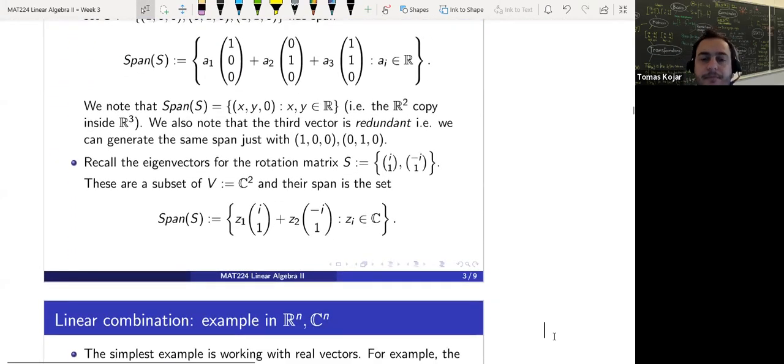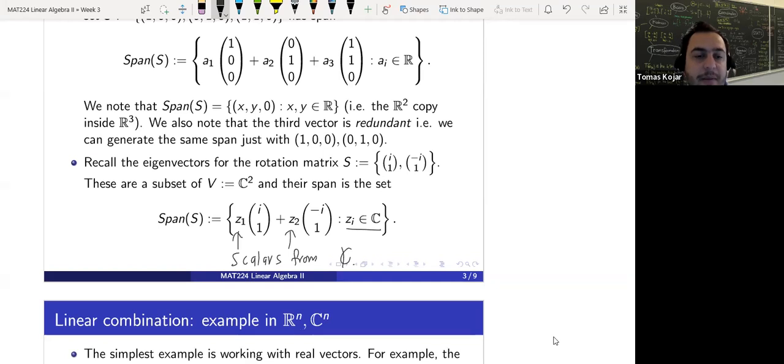So even there, we can talk about span, but be careful when we talk about span. We have to always have the scalars be from the field. So we're not talking about scalars from real numbers or rationals or whatnot. It will always be from the underlying field.